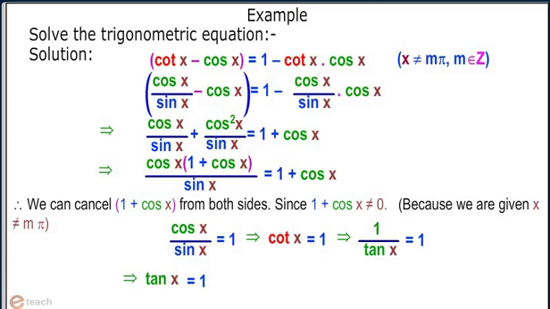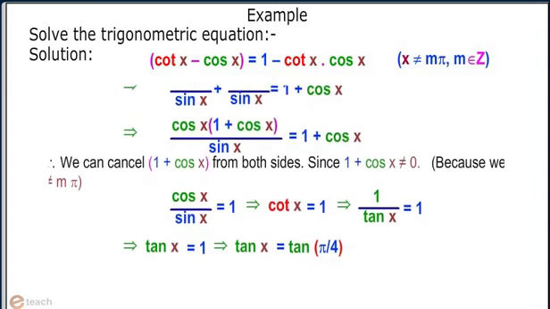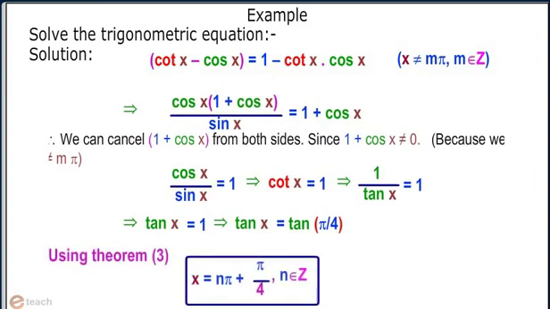This gives tan x equals 1, which implies tan x equals tan pi by 4. Using theorem 3, we have x equals n pi plus pi by 4, where n is an integer.